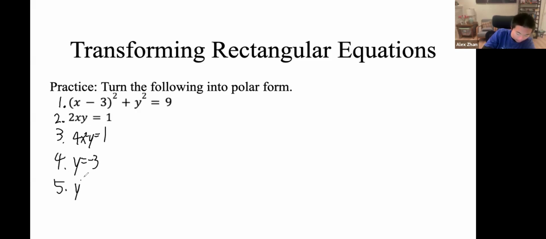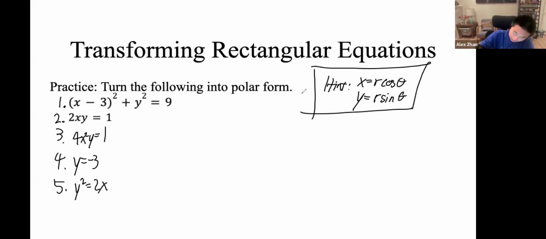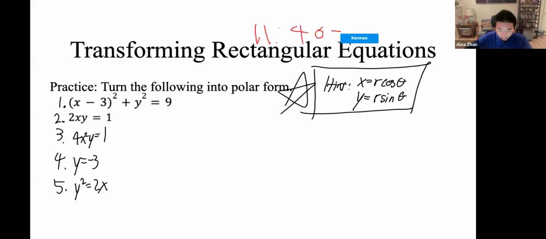Problem 5 is y squared equals 2x. And the hints will just be x is equal to r cosine theta, y equals r sine theta. So try to turn these into polar form.